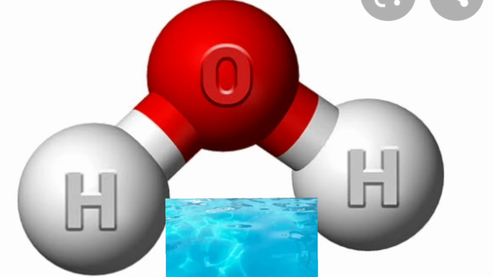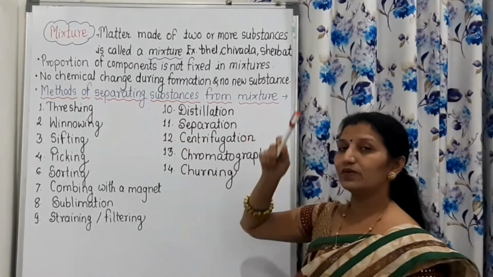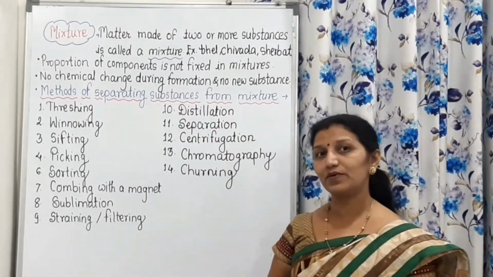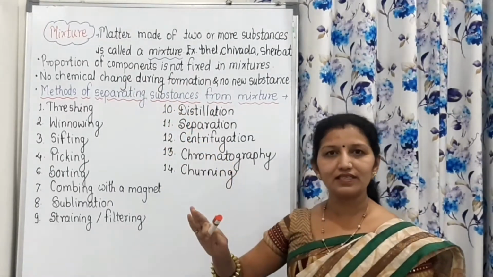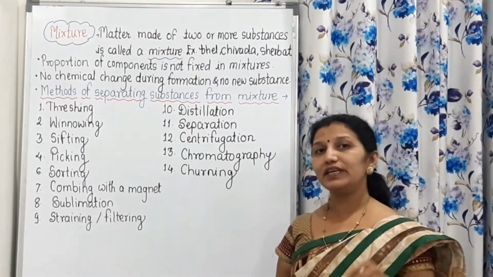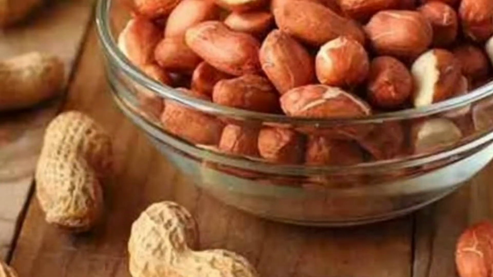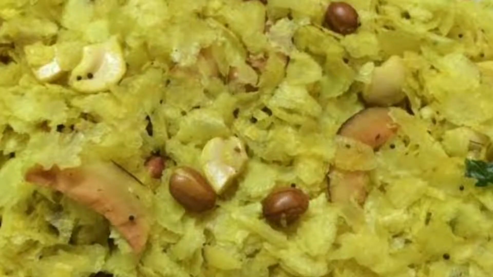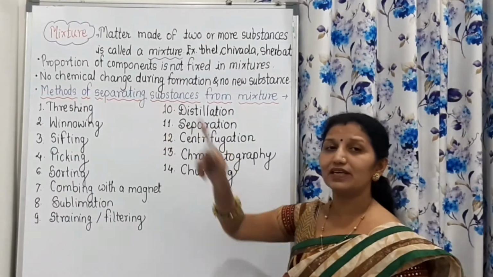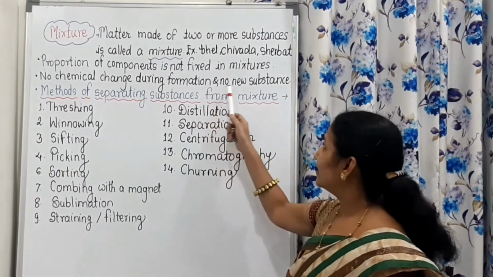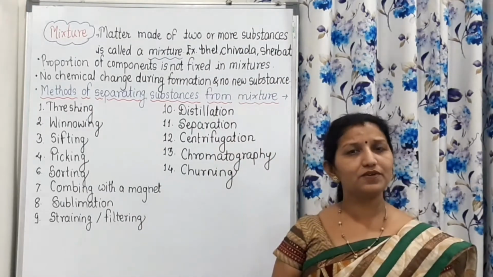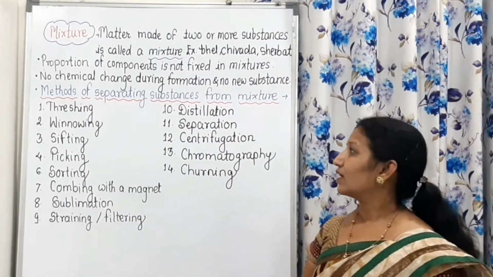There is a chemical change and a new substance is formed in compounds. But in a mixture, there is no chemical change. If we add peanuts in chuda, they will not change their properties. There will be no chemical change in the properties of peanuts.